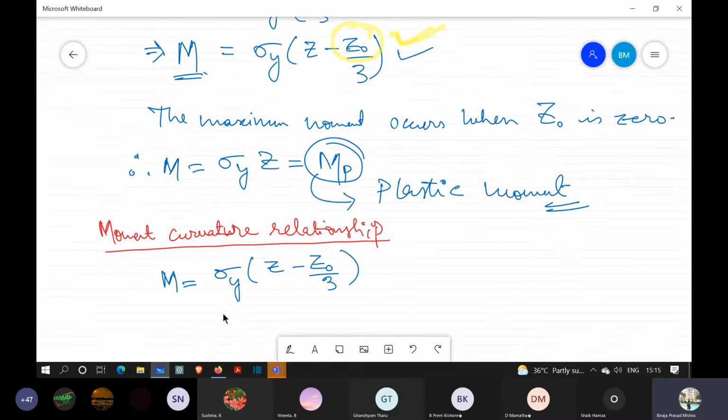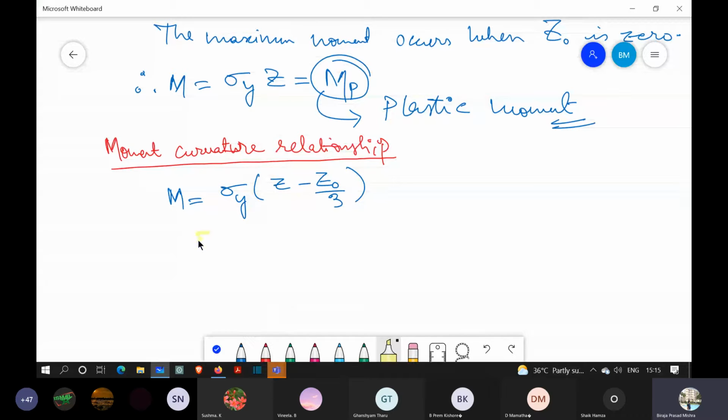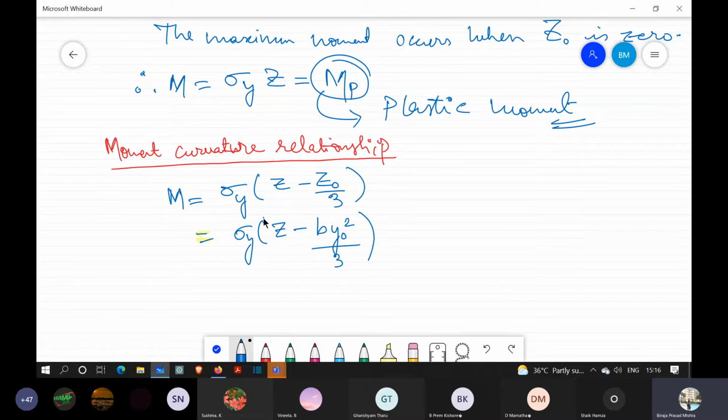So it can be written as M equals sigma y into (Z minus b into y0 square divided by 3). Now, what is y0? y0 is the distance between the neutral axis and the extreme fibers.